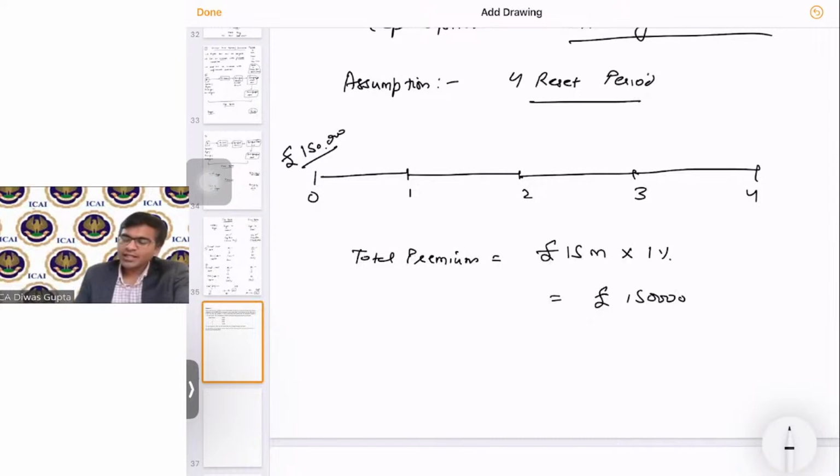Now the question is asking us to calculate the net impact on each reset date. So can we express this 150? What will be the amount at 1, 2, 3, 4 in equal installments? Like we can calculate the EMI of this amount, which is 150.